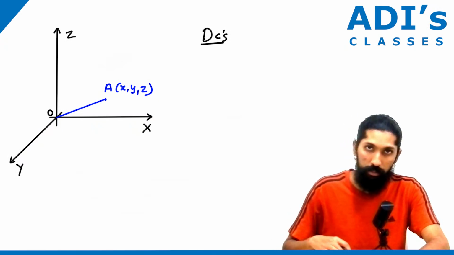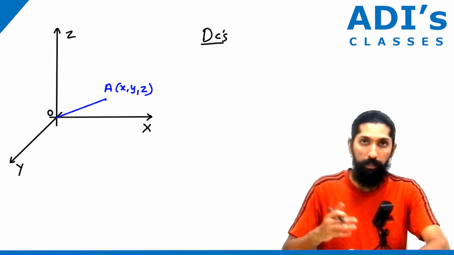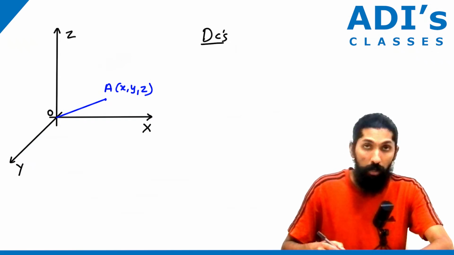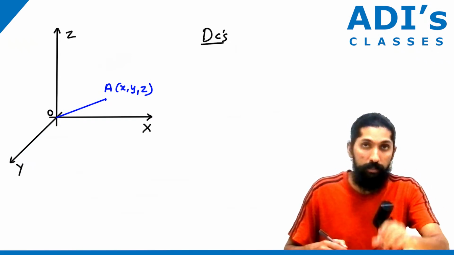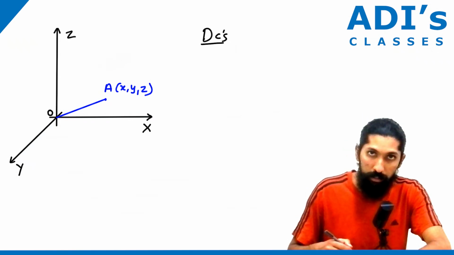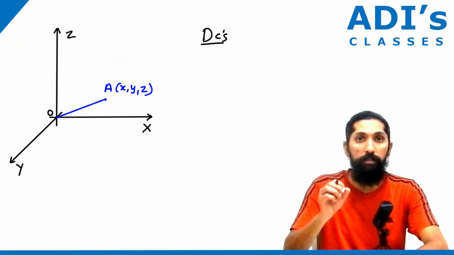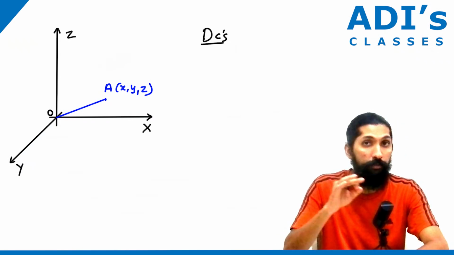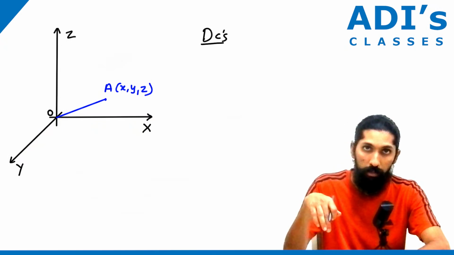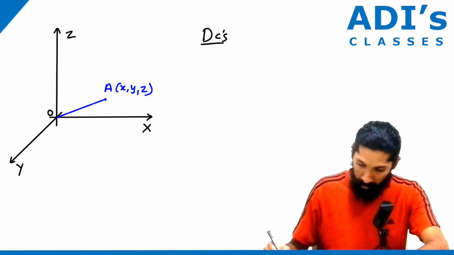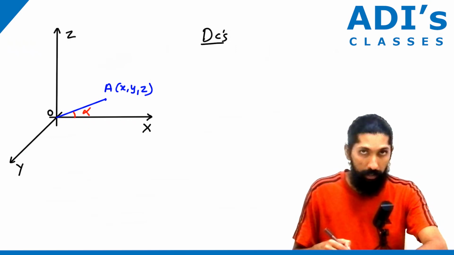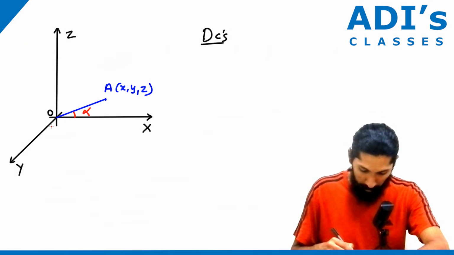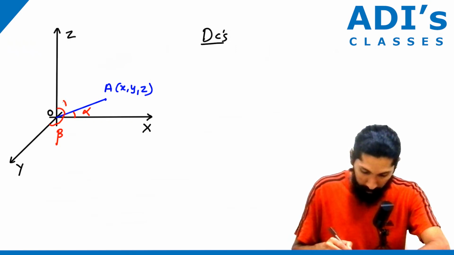I know that last chapter you have learnt about this, but since OA is a vector or OA is a line in space, when you have a line in space, this line makes three different angles with three different axes. Say this makes an angle of alpha with the x-axis, beta with the y-axis, and gamma with the z-axis.